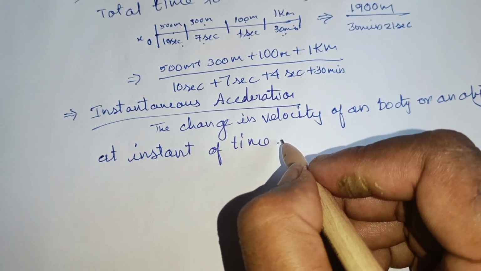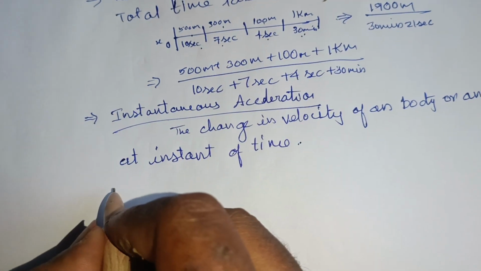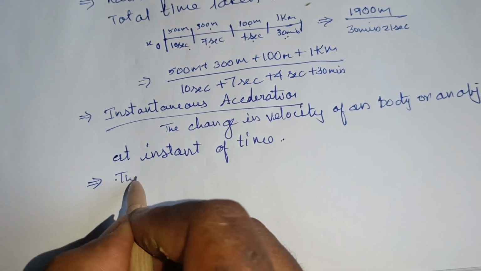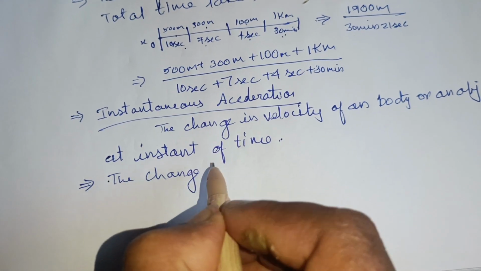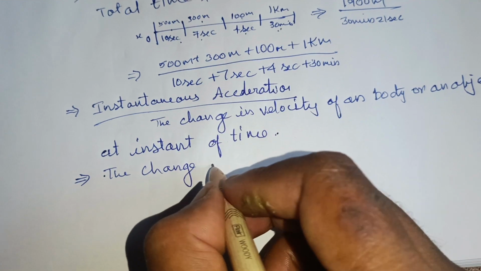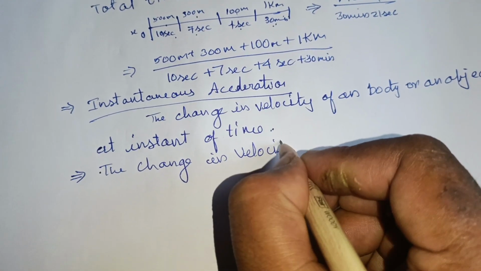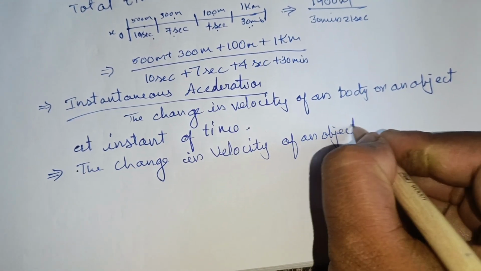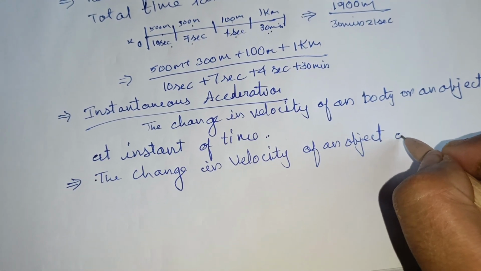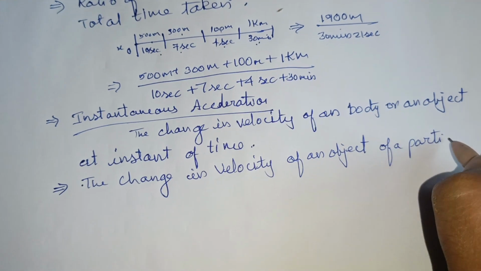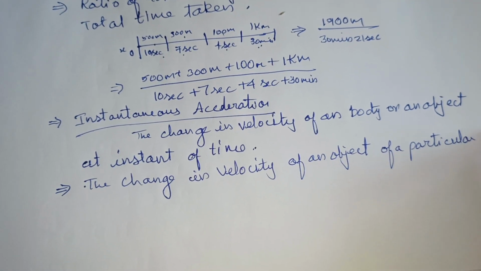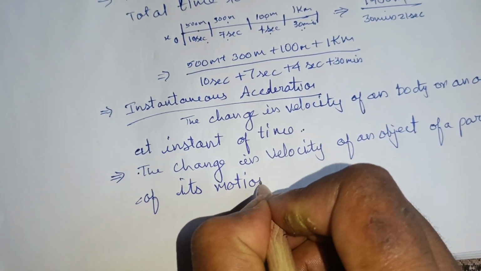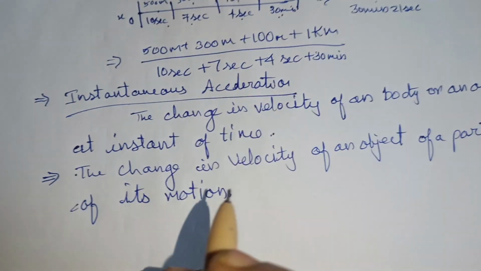In other words, the change in velocity of an object at a particular point of its path, of its motion, is said to be instantaneous acceleration.